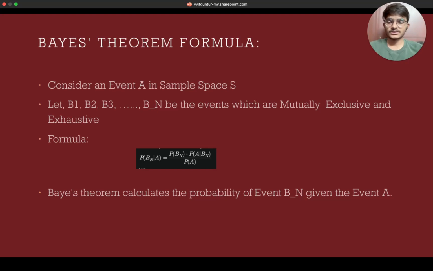The formula for Bayes' theorem is P of Bn given A. That is, the conditional probability P(Bn|A), the probability of event Bn given that A has already happened, is equal to P(Bn) times P(A|Bn) divided by P(A). So this is the formula for Bayes' theorem. Bayes' theorem calculates the probability of event B given the event A.